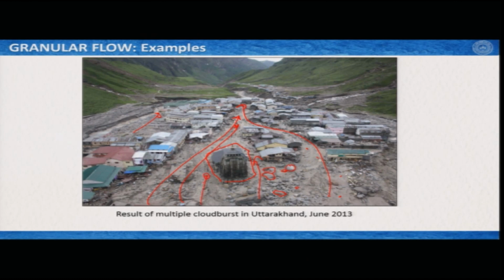Now the water is gone and this is how it looks. This is a classic example of granular flow. All these boulders, pebbles or sand-size grains, when flowing with the aid of water, rotated, collided with each other, reduced their grain size and so on.